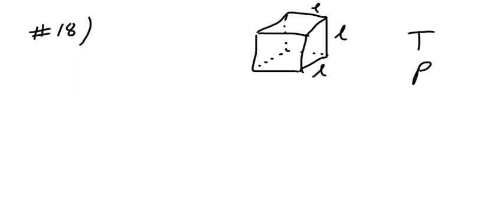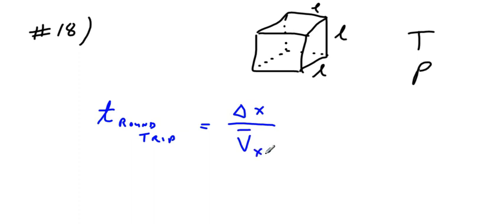All right, so we ask ourselves, what is the time for the round trip? We find the time for the round trip is the change in distance divided by the average velocity in the x direction.